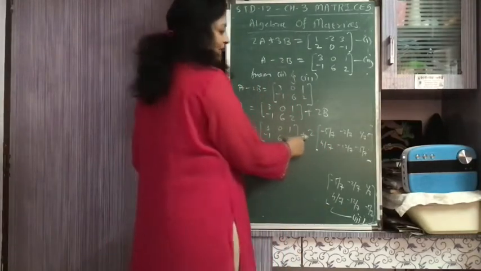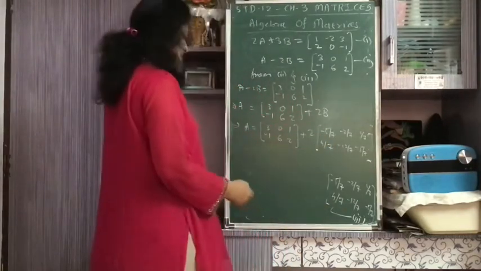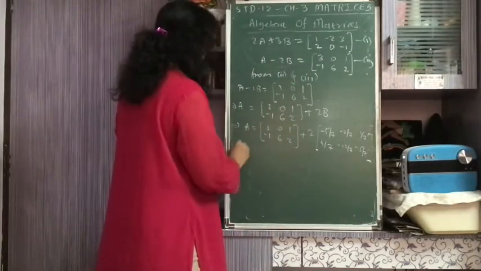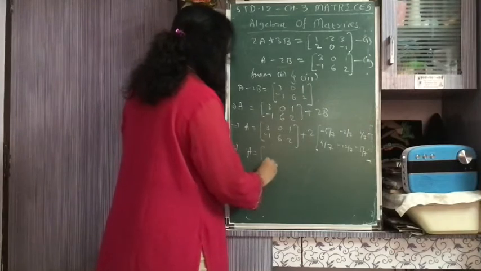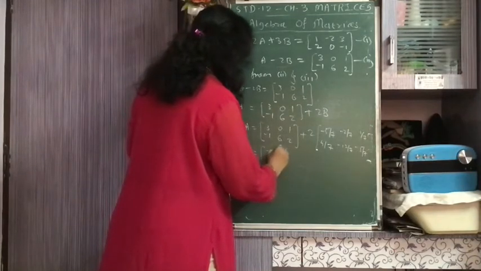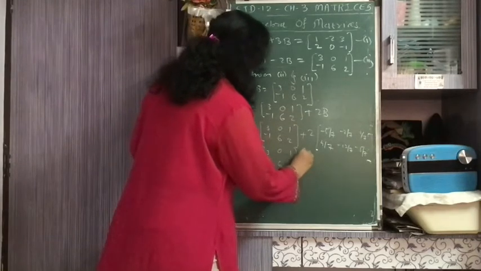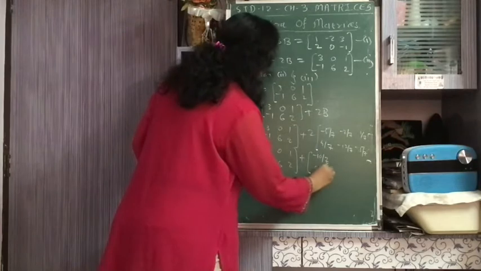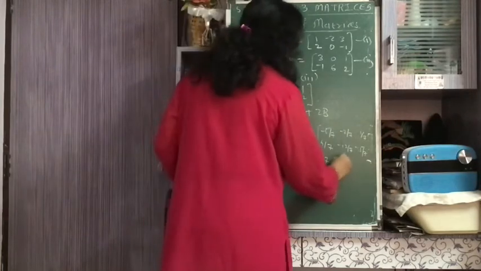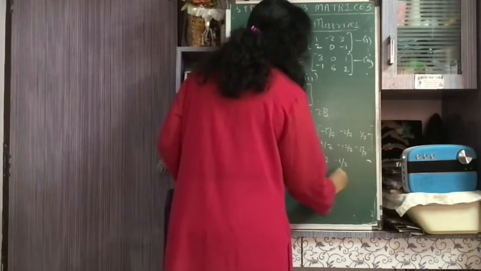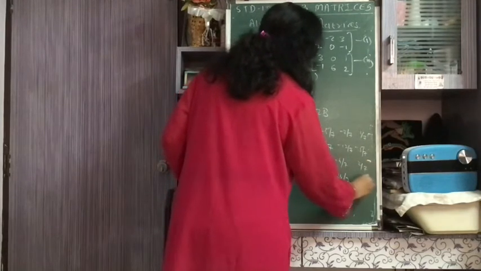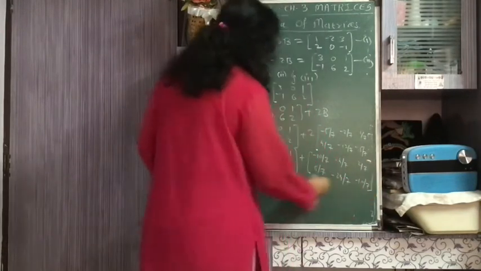Now as we have to multiply the scalar 2 to each of this element, so it is minus 10 by 7, 8 by 7, minus 4 by 7, minus 24 by 7, 2 by 7, minus 10 by 7.